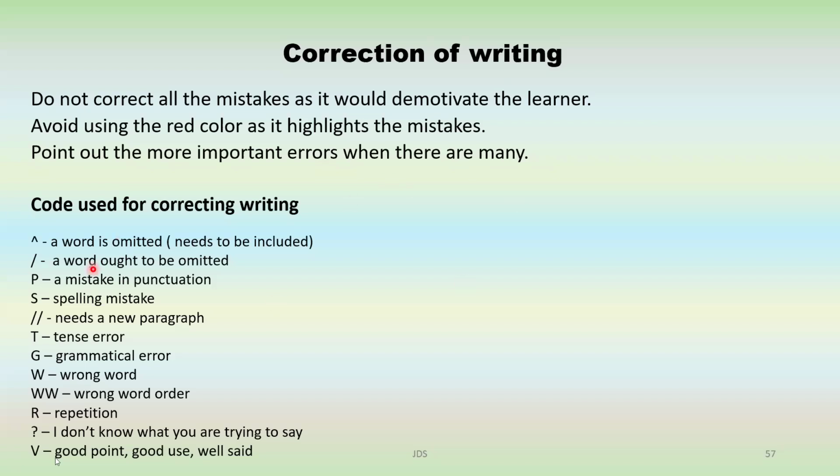Then you have the correction code used for correcting writing. If a word is missing, or if the learner has omitted a word, use an inverted V. Word ought to be omitted, unwanted word is written: if an unwanted word is there, you have to use one vertical slant line next to that word.